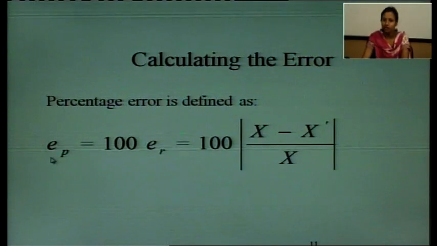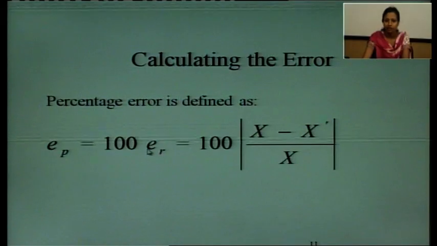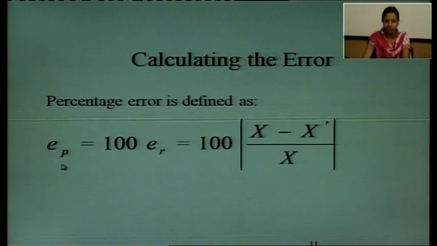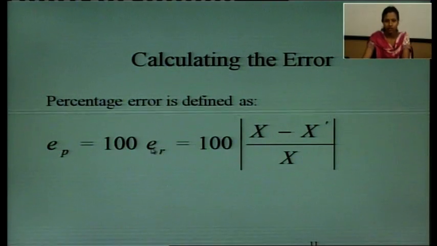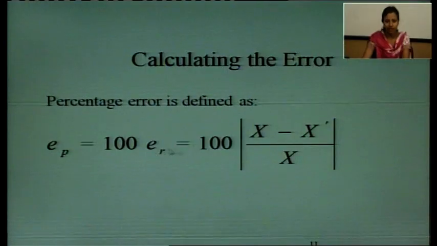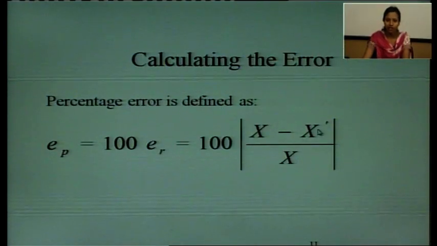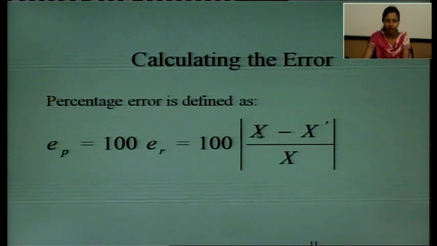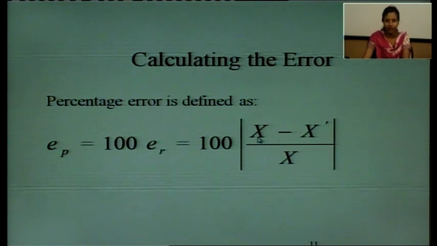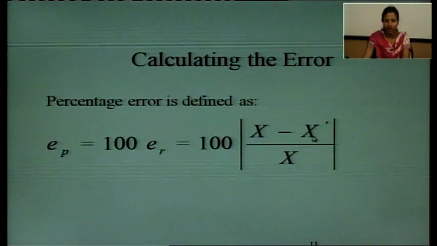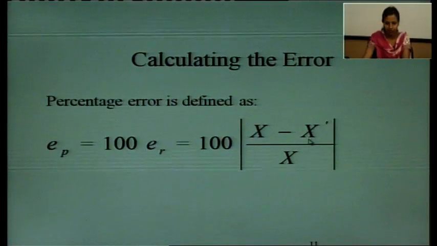And percentage error we already defined: simply multiply 100 with relative error. So EP is equal to 100 into ER, where EP is percentage error and ER is relative error. So it is equal to 100 times (x minus x prime) upon x, where x is the true value and x prime is the approximate value.